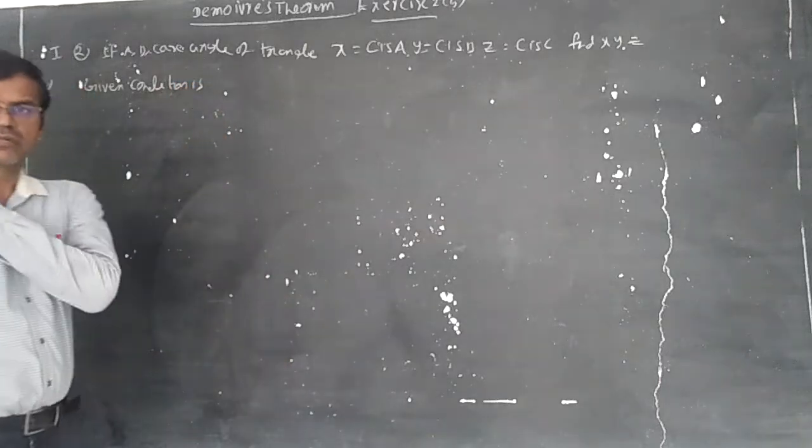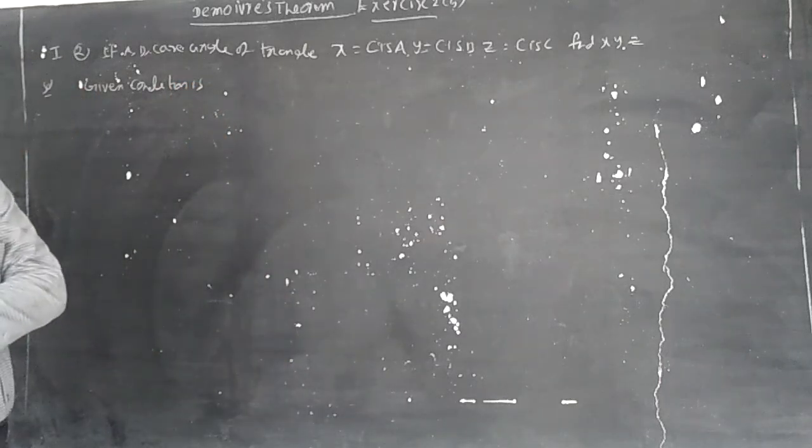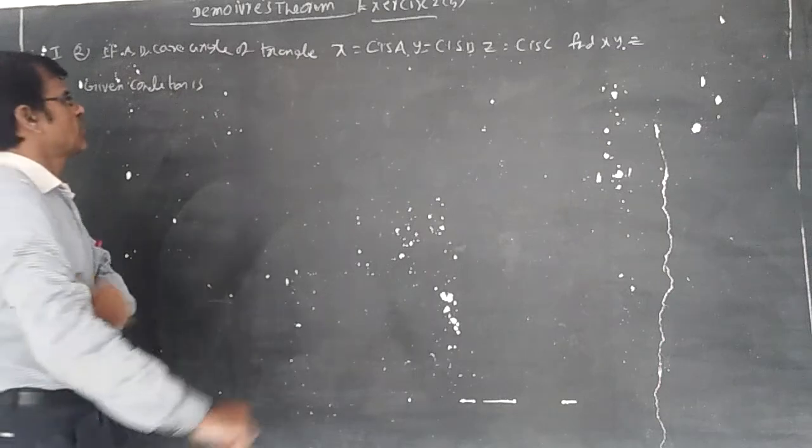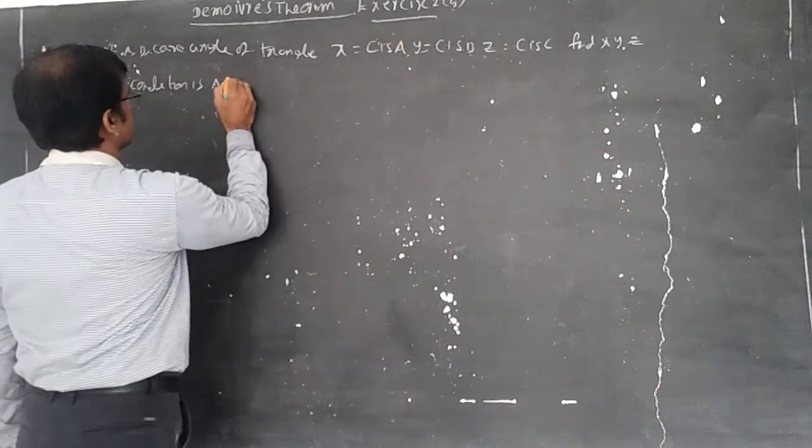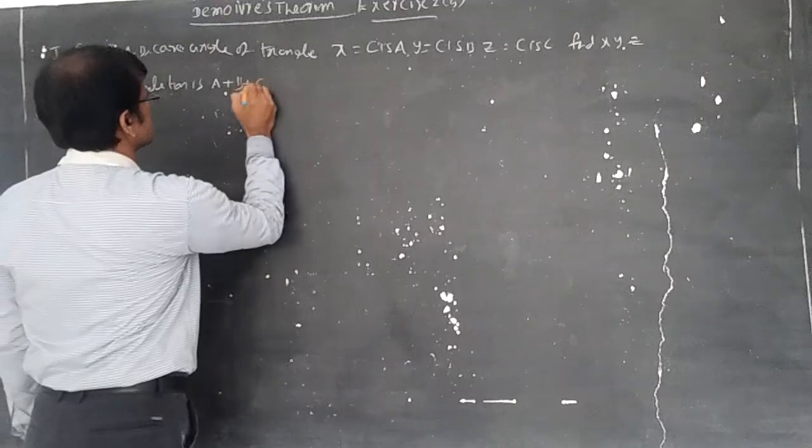The sum of angles in any triangle is 180 degrees.